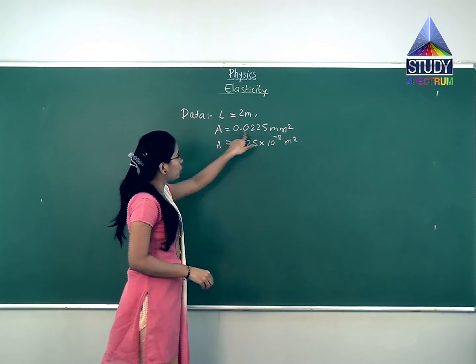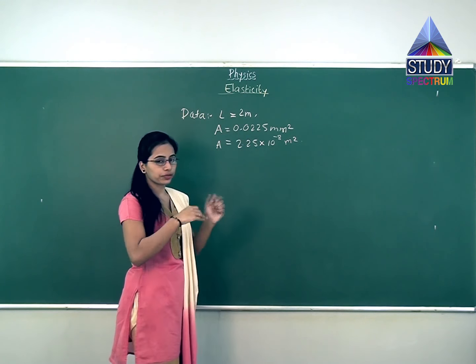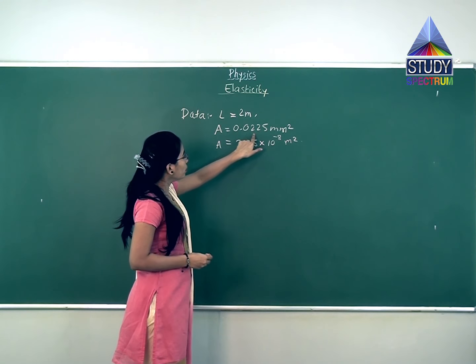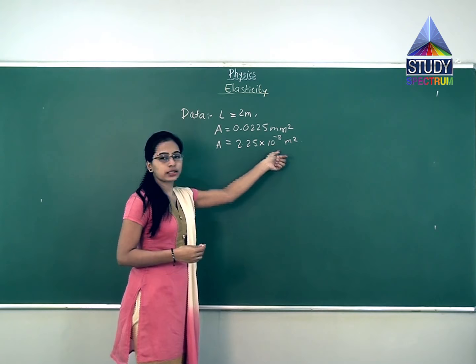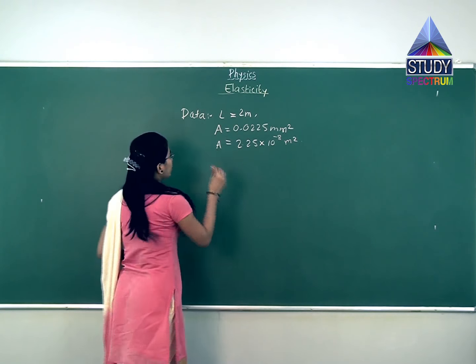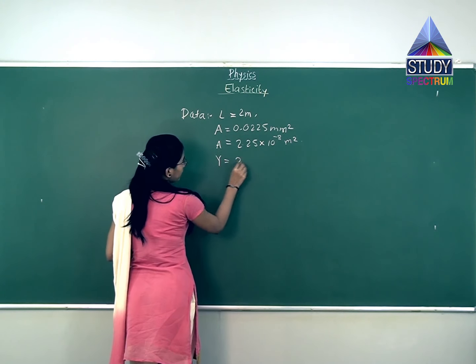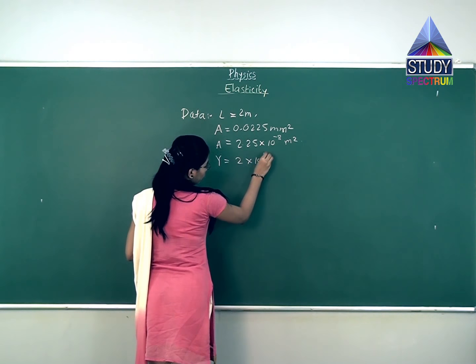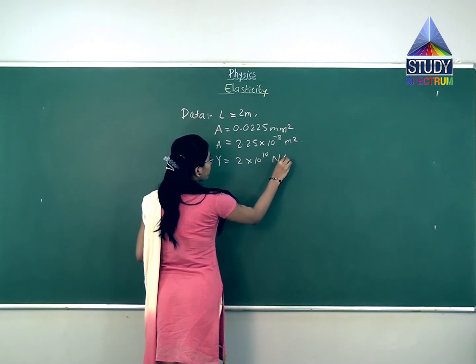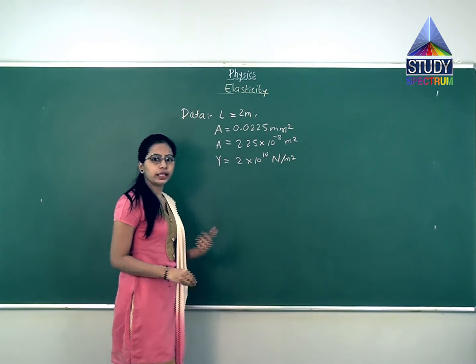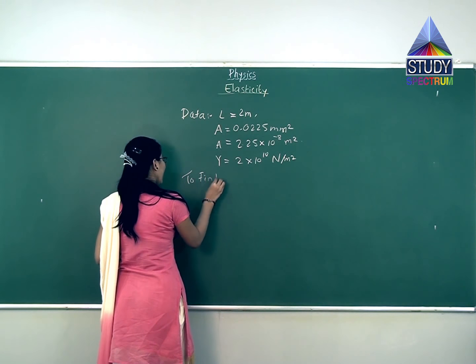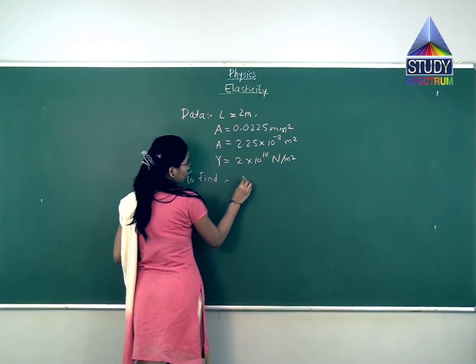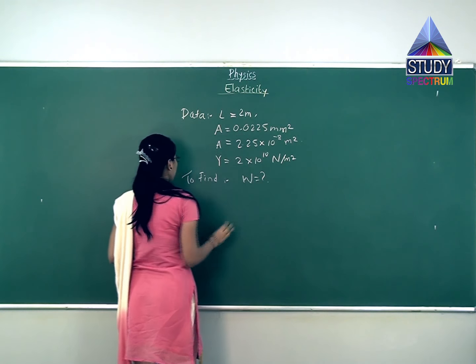I shifted the point by 2 digits to the right hand side, and accordingly I adjusted the power of 10. Now Young's modulus is also given. It is 2 into 10 raised to 10 Newton per meter square. Here we have to find the work done by the load, so we have to find W.